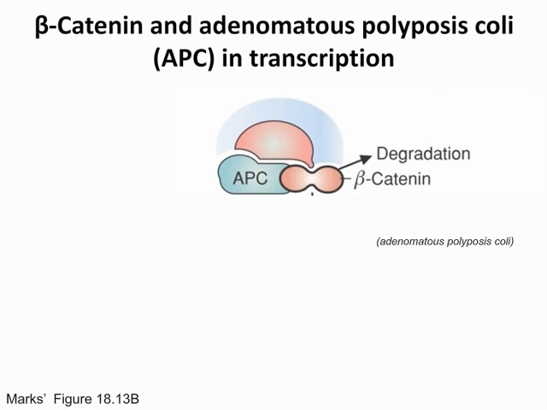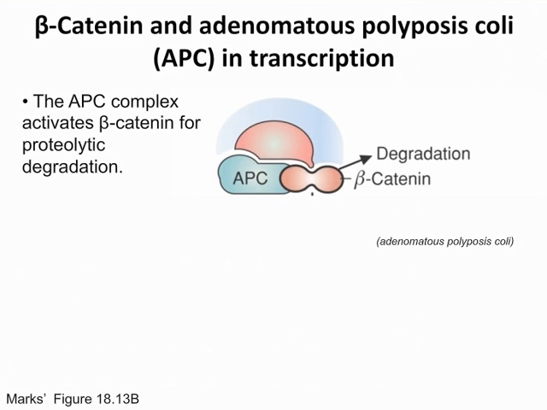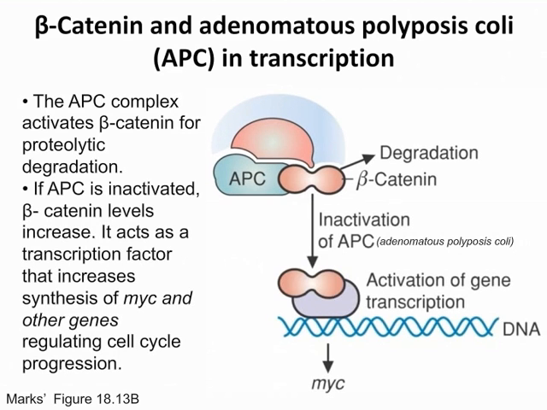So here we talk about two important things, APC and beta-catenin. Beta-catenin can act as a transcription factor, and it can travel to the nucleus where it increases synthesis of MYC and other genes that stimulate cell proliferation. APC is a tumor suppressor gene that normally binds to beta-catenin, so it can't do that.